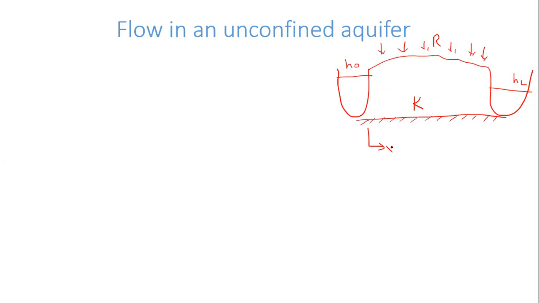This is x, from x equal to 0 to x equal to capital L. Now we do the same thing. I'll draw one infinitesimal cross section at some distance x in this unconfined aquifer, and I try to do the mass balance for that. So this is my infinitesimal volume. I have the same thing, Q. Now what do I multiply it by?